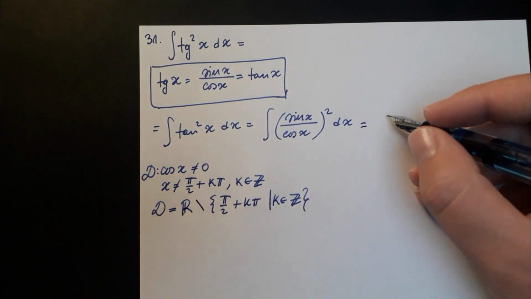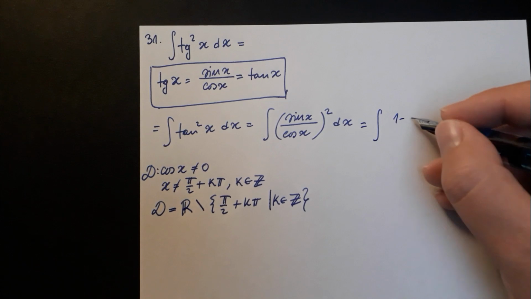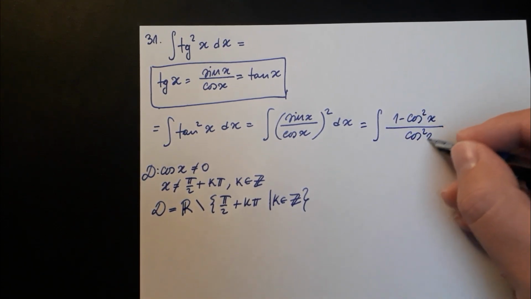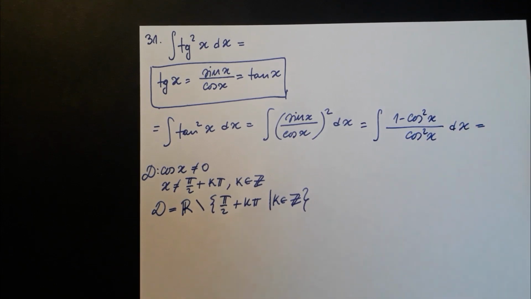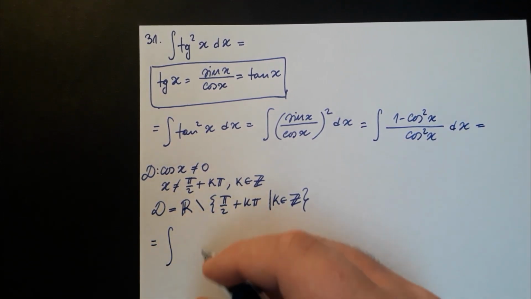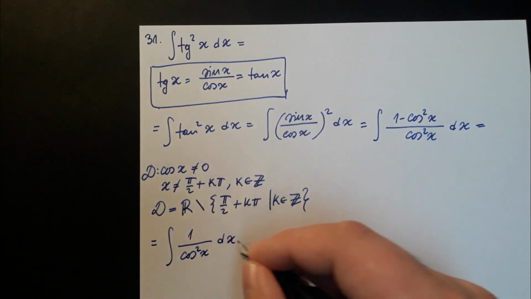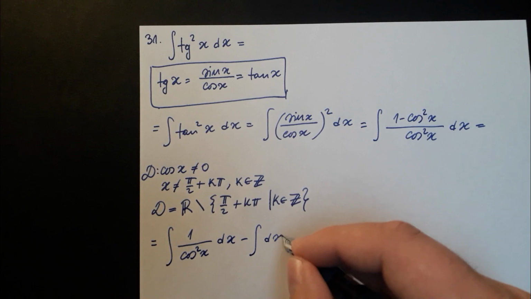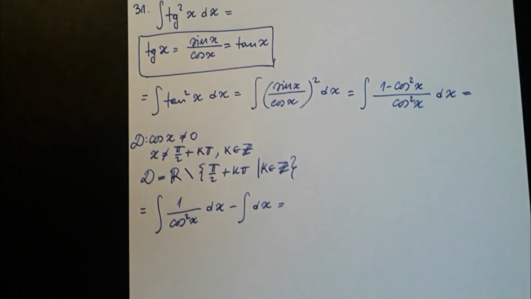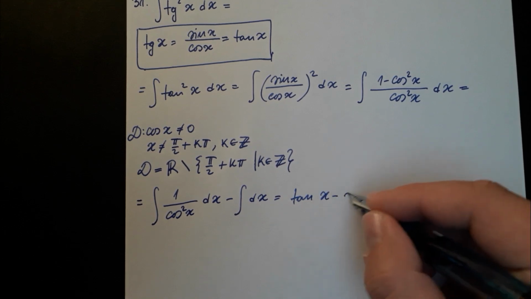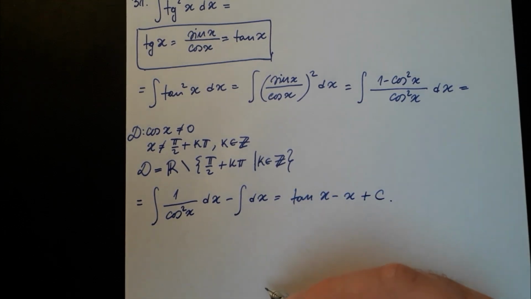This integral then becomes an integral of 1 minus cosine squared of x divided by cosine squared of x dx, which is equal to an integral of 1 divided by cosine squared of x dx minus an integral of dx. This is then equal to tan of x minus x plus c.